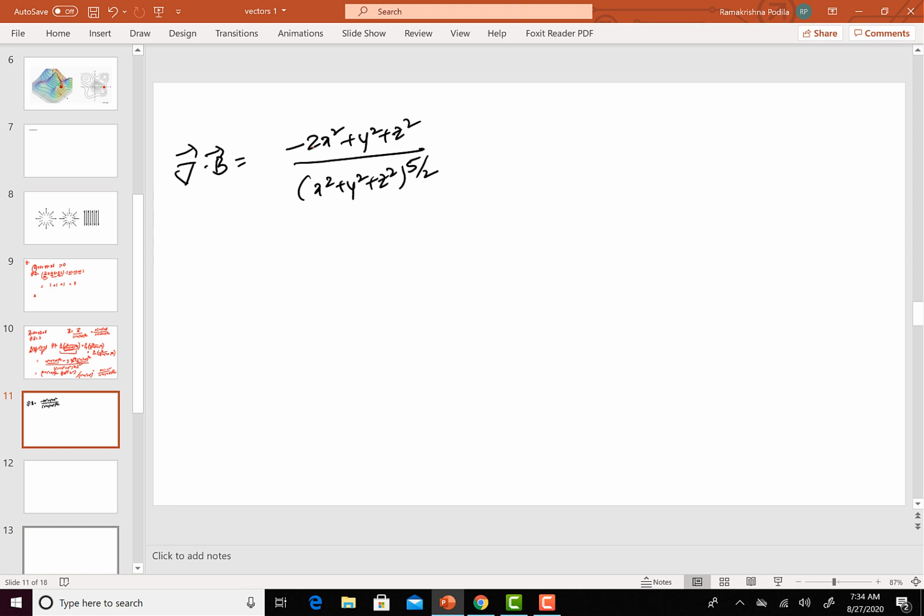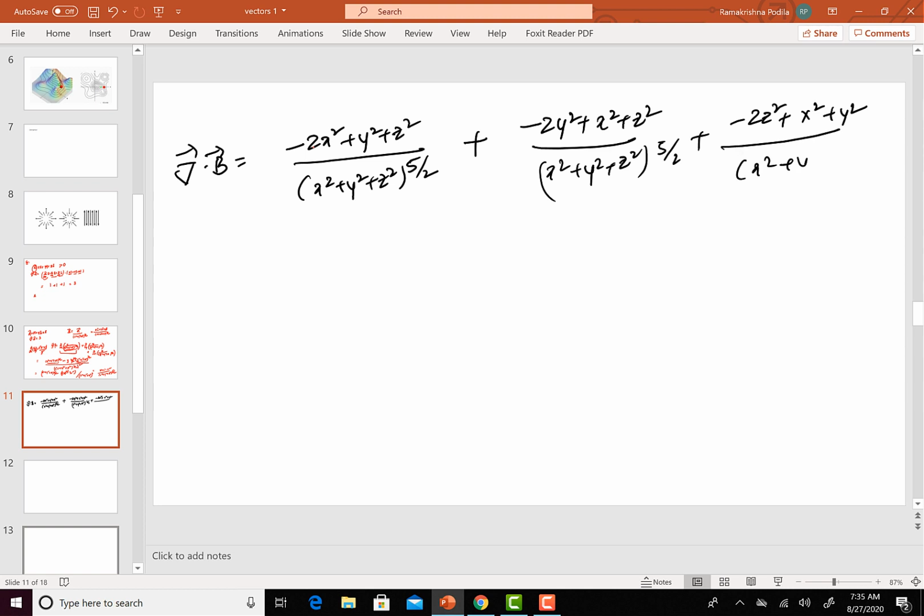This is for the part where you have x, and the part for y would be similarly minus 2y squared plus x squared plus z squared over x squared plus y squared plus z squared whole to the power 5 by 2. For the part where there is z, you would have minus 2z squared plus x squared plus y squared divided by the same denominator.